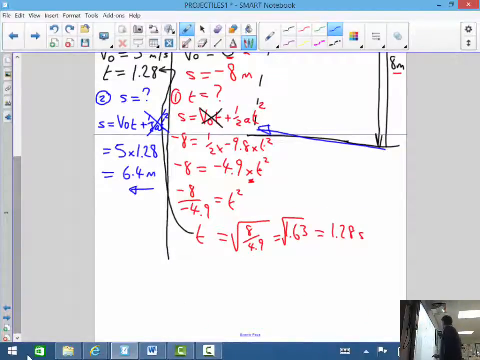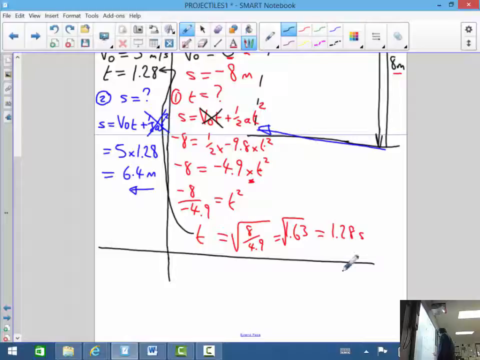Now the last typical question you'll get here is how fast is it going when it hits the ground? So if you look at that, as it hits the ground there and comes down, it's got a velocity that's coming down this way, and that's got to be based on two velocities, a sideways and a vertical, horizontal and a vertical. So we need to know what these parts here are to work out that total vector.